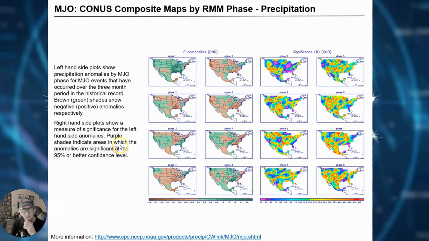Okay. So precipitation in the different phases, right? We're in phase 6 right now. The atmosphere is really complex, guys. This isn't one factor, but it is a contributing one, okay? And it's a big part of the atmospheric circulation, right?